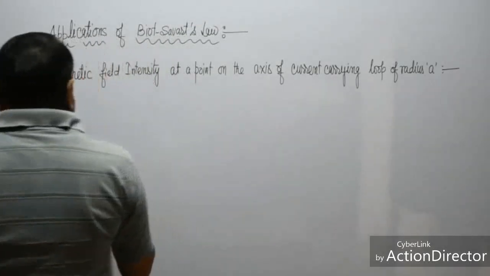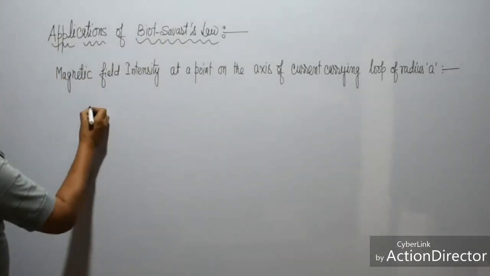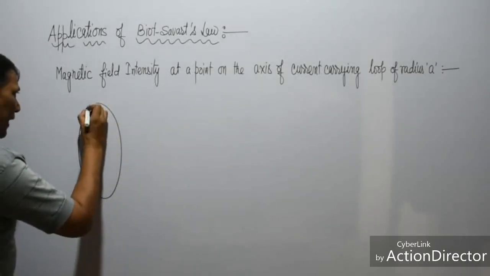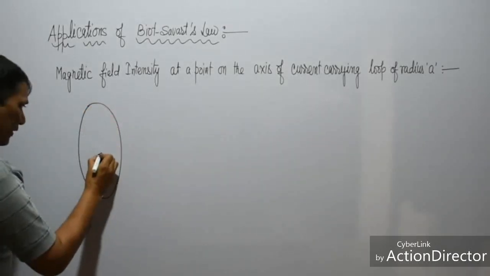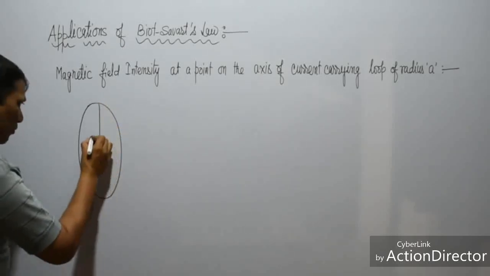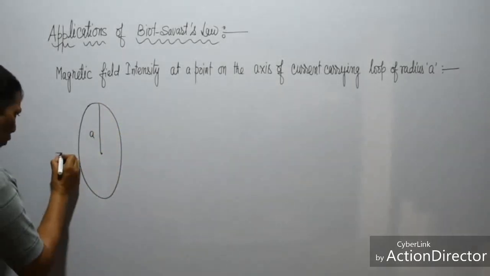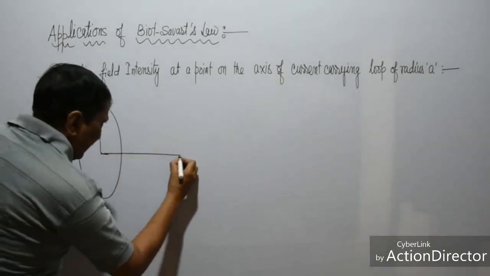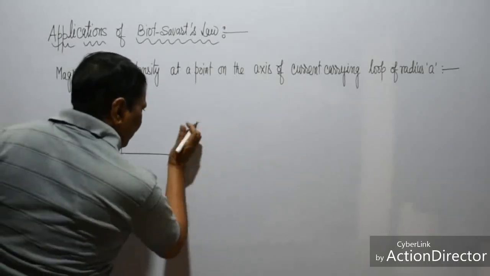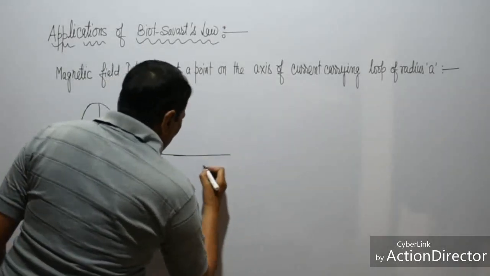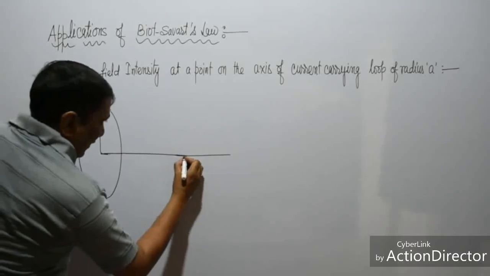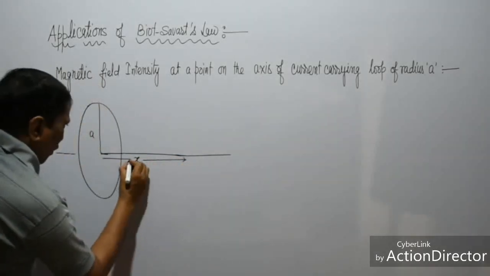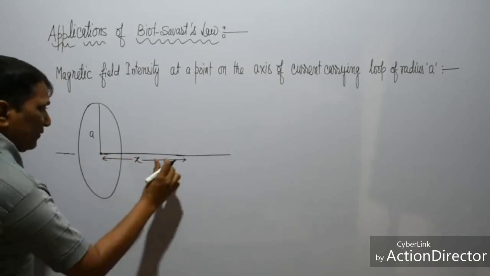Suppose we have a loop of radius small a, and on its axis, this is its axis, at a distance x from its center.